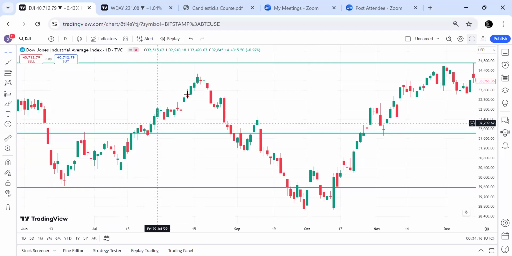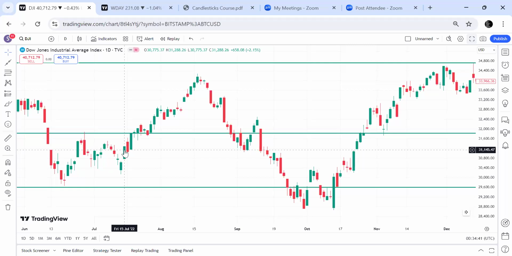If a Marubozu candle forms when the market is in an upward direction, it indicates confirmation, further confidence. It will move further upward and give us a confirmation.